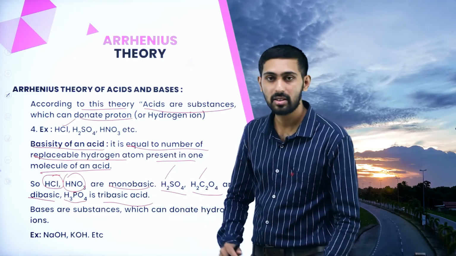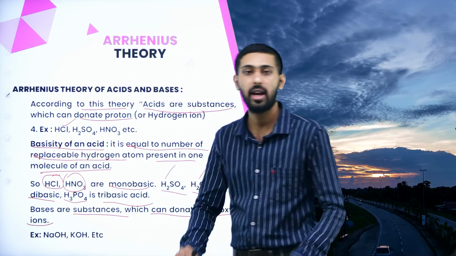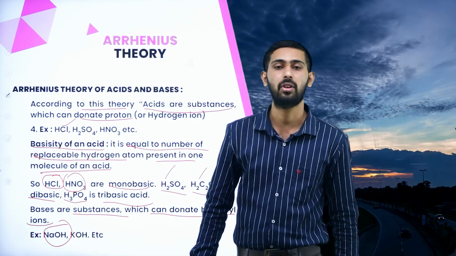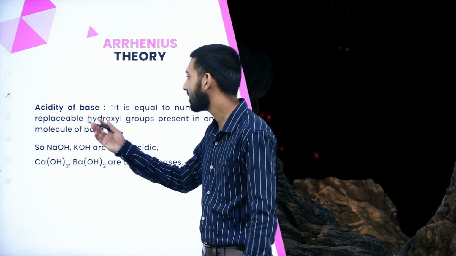What are the bases? Bases are substances which can donate hydroxyl ions. They should have OH- ion. Sodium hydroxide or potassium hydroxide is an example of a base. Next thing is acidity of the base.